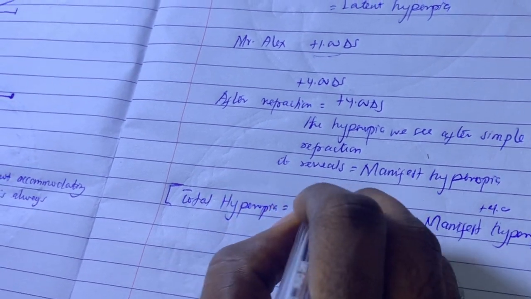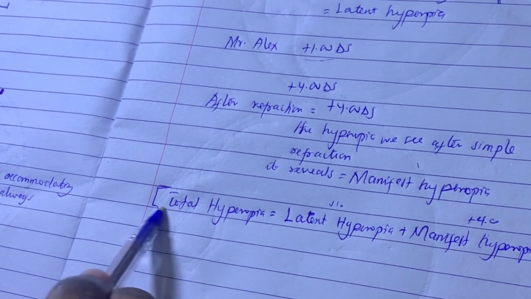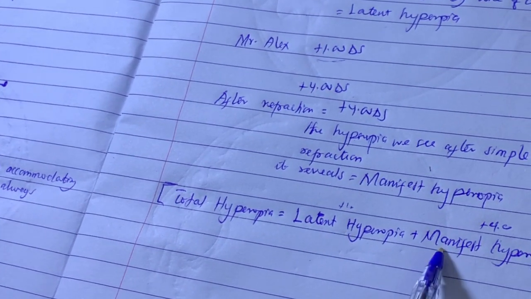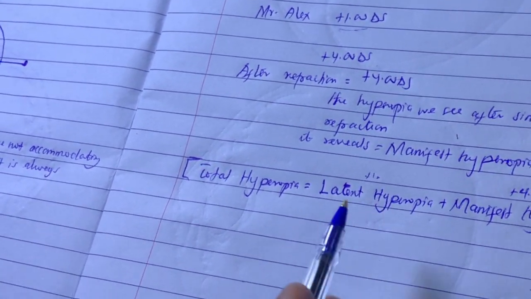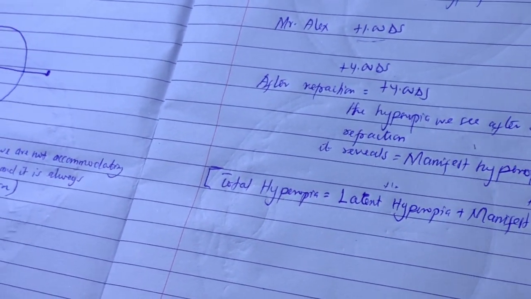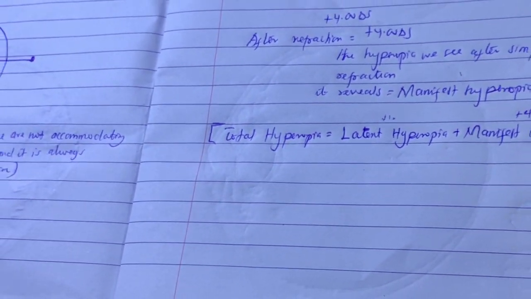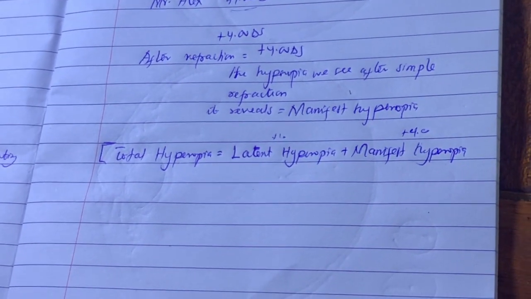This is latent hyperopia. Total hyperopia is the manifest hyperopia plus the latent hyperopia. If a person's full error is plus 5, that is the total hyperopia, and the ciliary muscle can correct about 1 diopter, and that is called latent hyperopia.